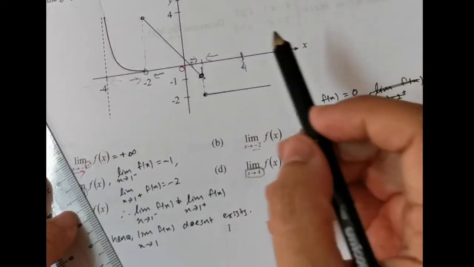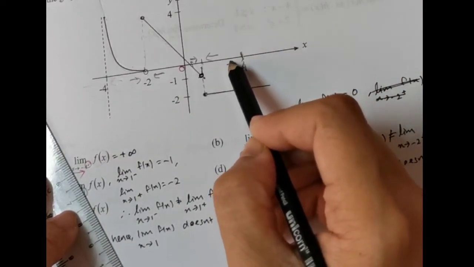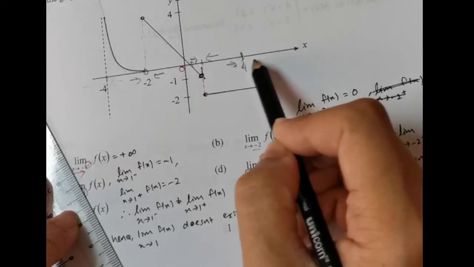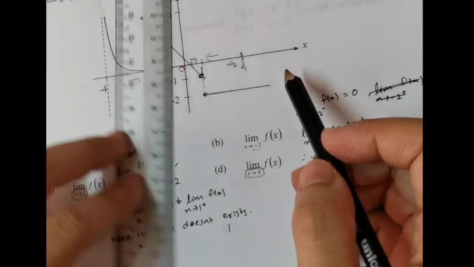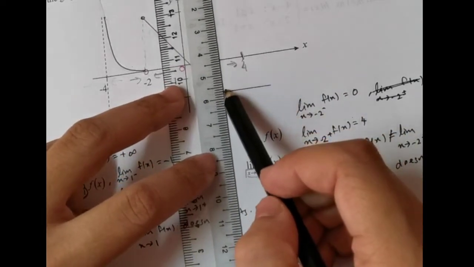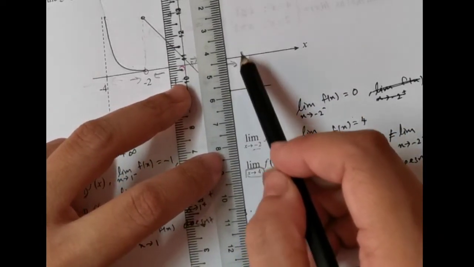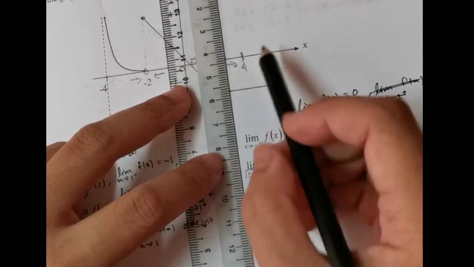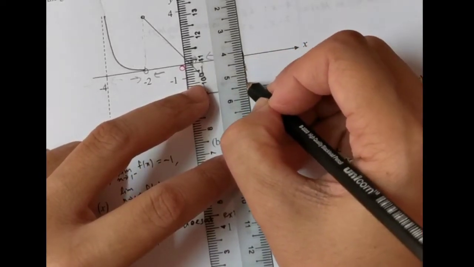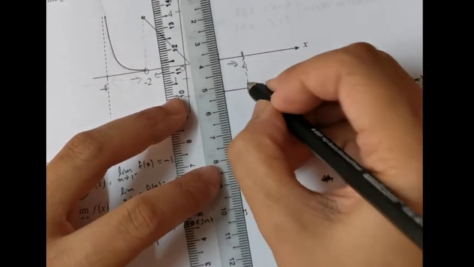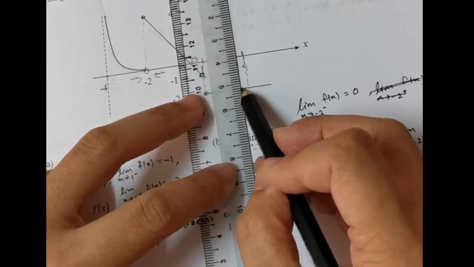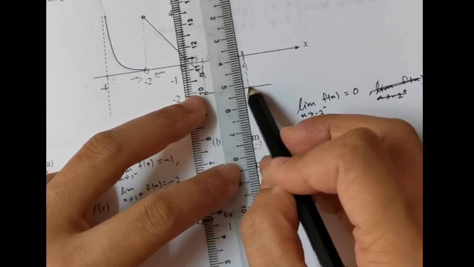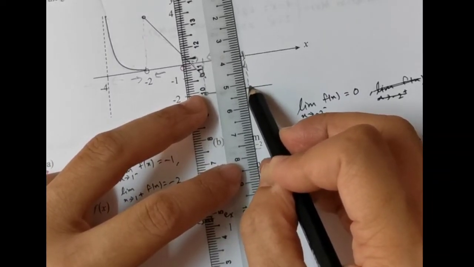Remember, we have to follow the steps. We have to check from the left-hand side and also from the right-hand side of 4. If the answers are equal, then the limit exists and that's the value. So from the left-hand side of x equal to 4, the graph is approaching this value at 4.